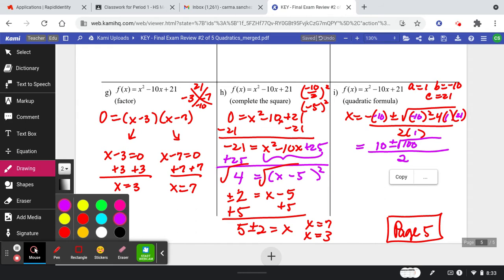Okay, so negative 4 times 21 is 84. Let's see if that works out right. Is that 100 minus? So 4 times 21, 100 minus 84 is 16.